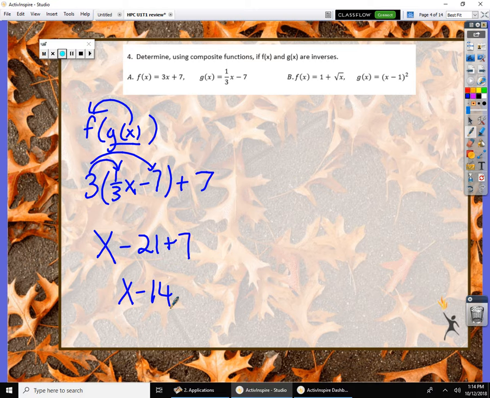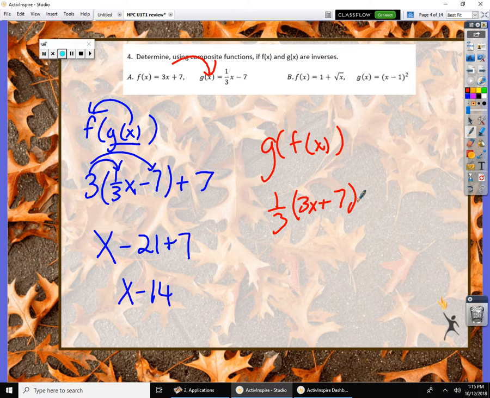A-okay? All right. Now I'm going to do g of f of x, which means I'm going to take function f and plug it into g. So I'm going to do 1/3 of 3x plus 7 minus 7. I'm going to use distributive property.